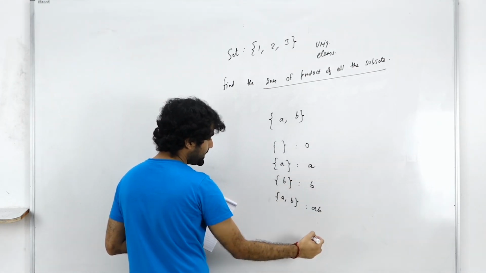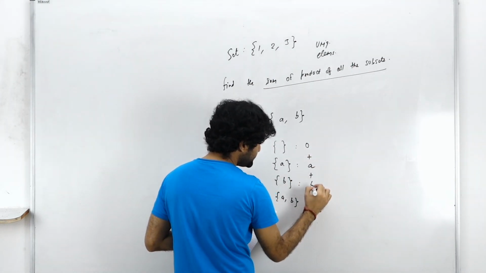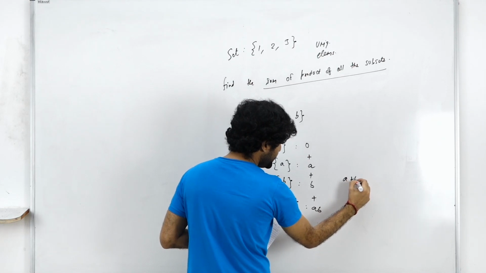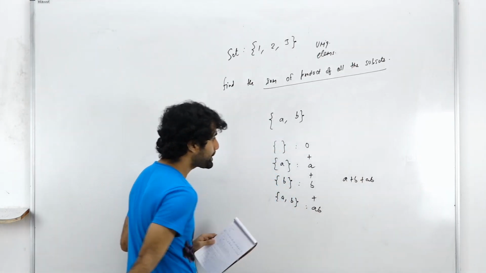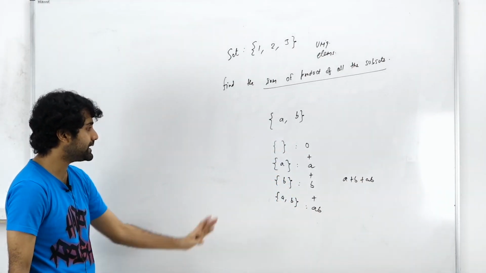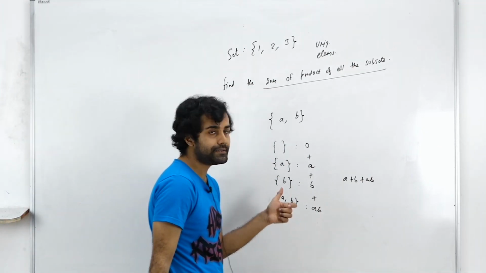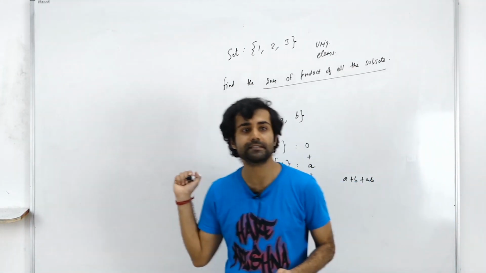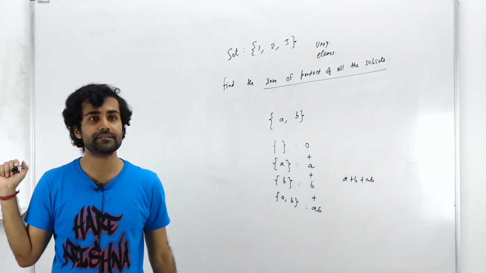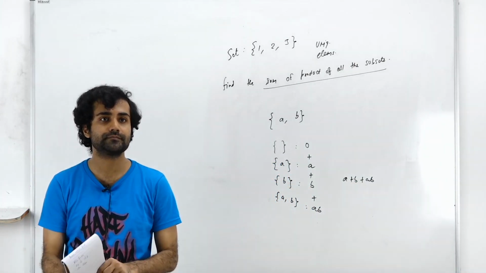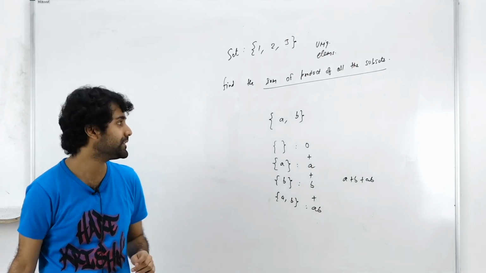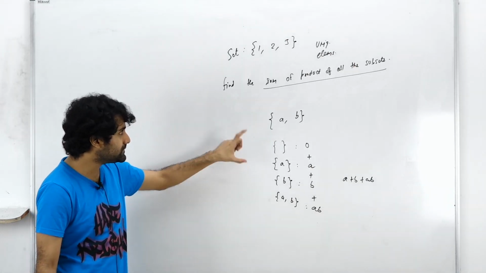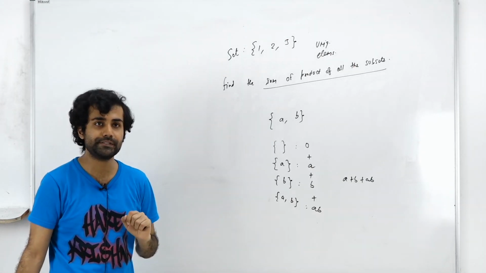And if I sum them up, what I am going to get is A plus B plus AB. This is the expected answer over here. Is everyone clear with the output, how the output is A plus B plus AB? Just type in yes if you are clear. Okay, great. So this is the intention of the question.